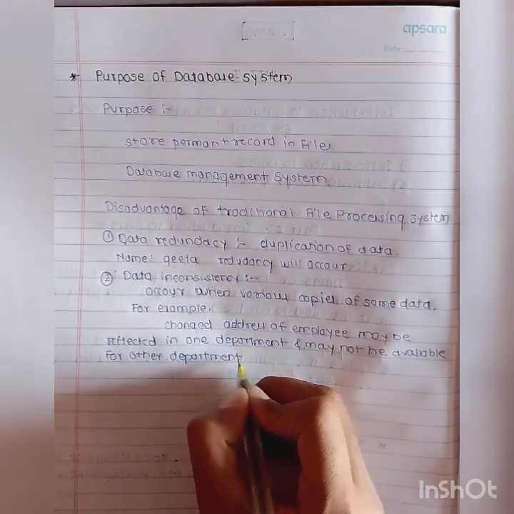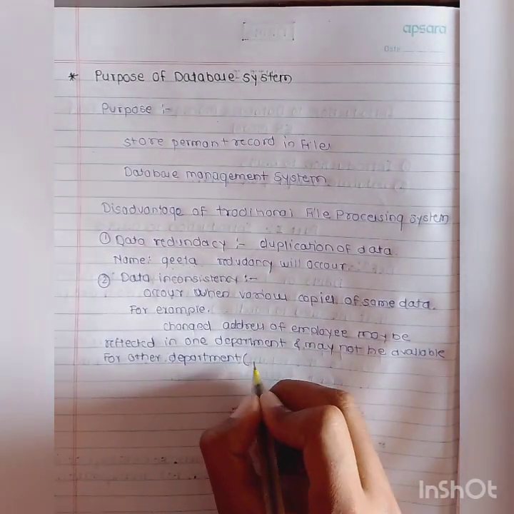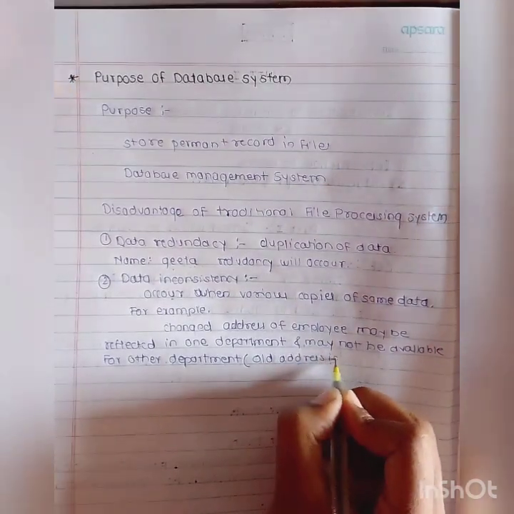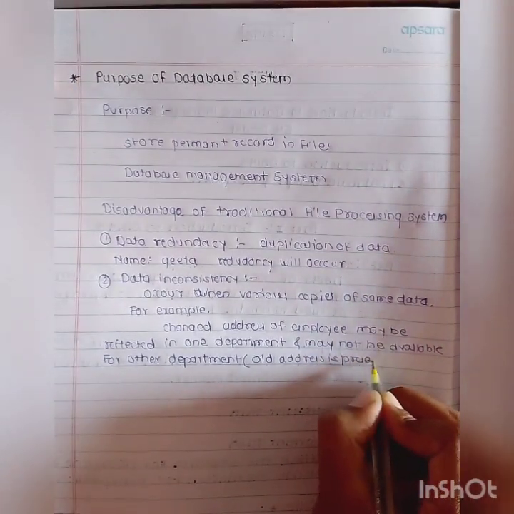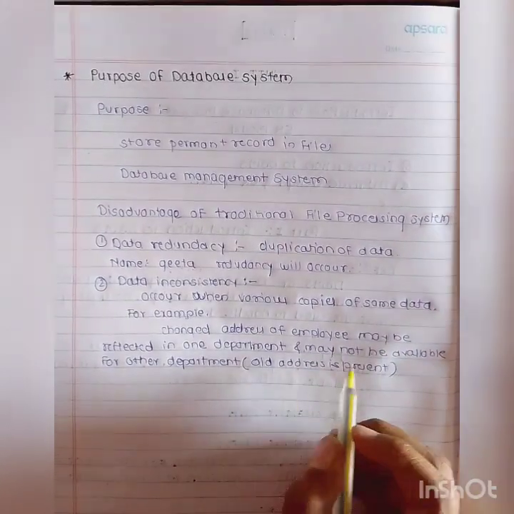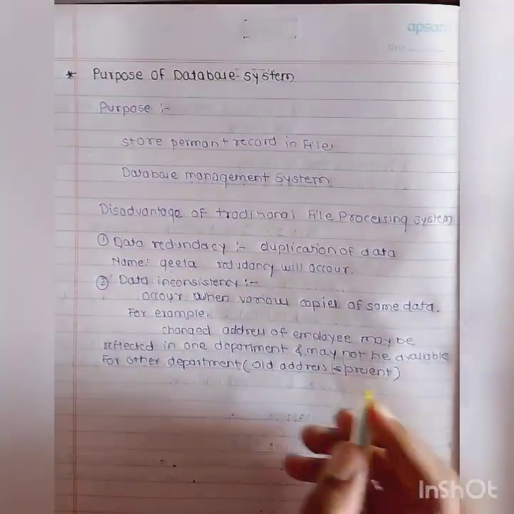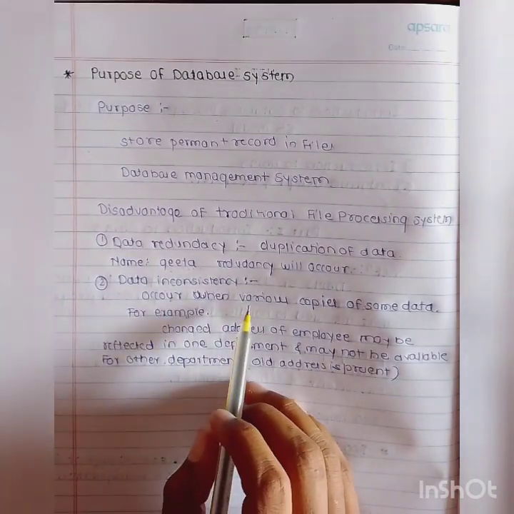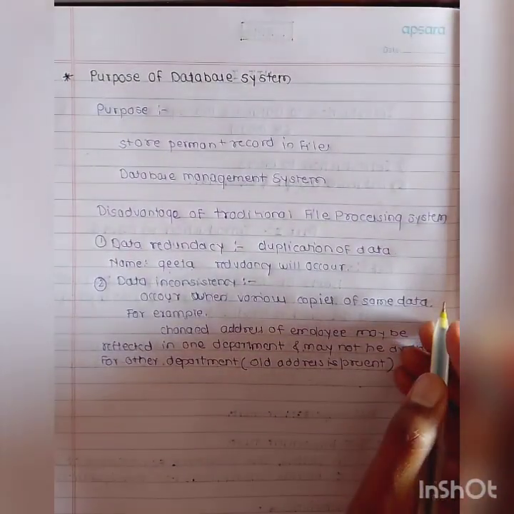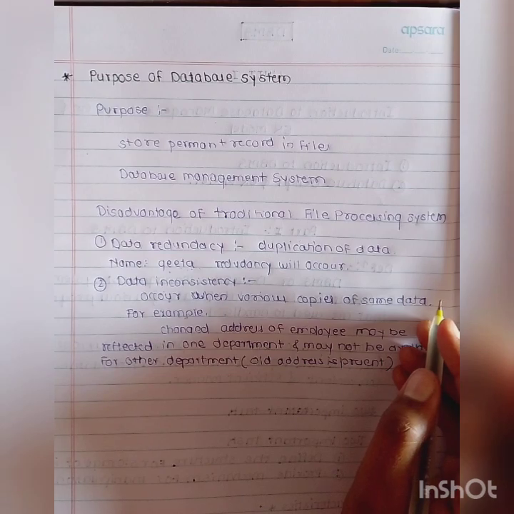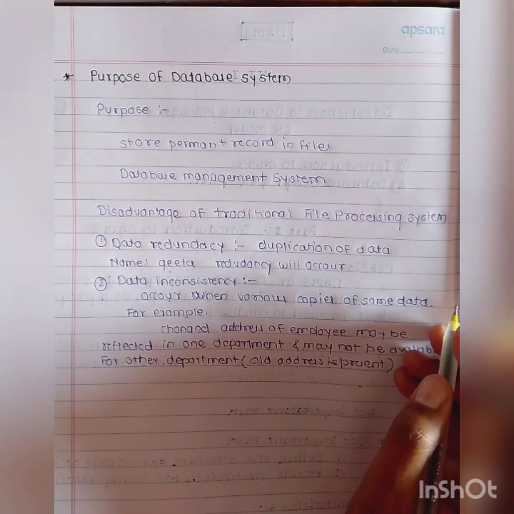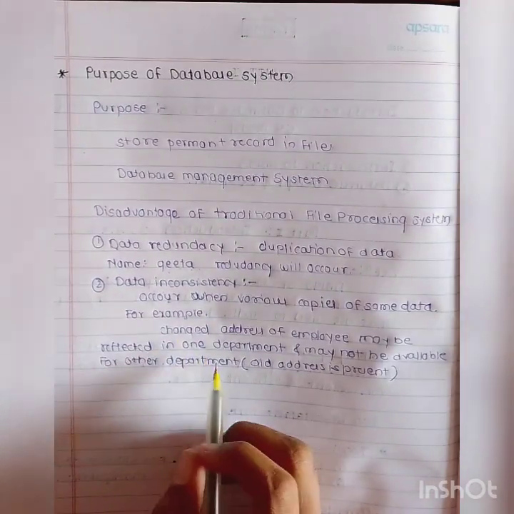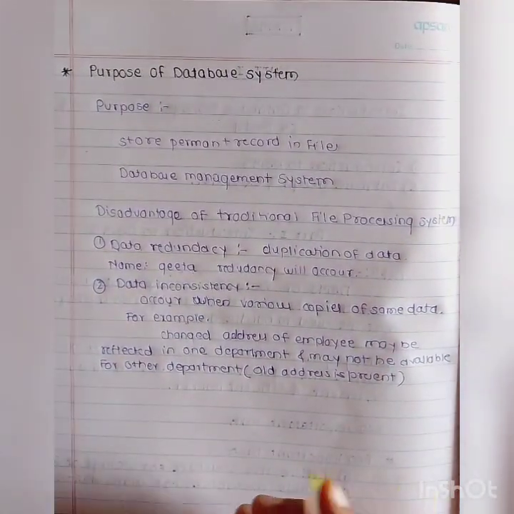Means in the other department the old address is present. That's why inconsistency occurs. In data inconsistency, various copies of the same data may not match over time. The example is a changed address of an employee.